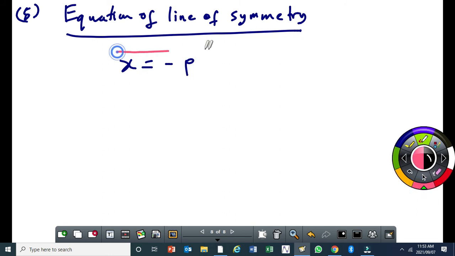You may get a question which may ask you to determine the equation of the line of symmetry. That equation will be x equal to negative p. Alright?